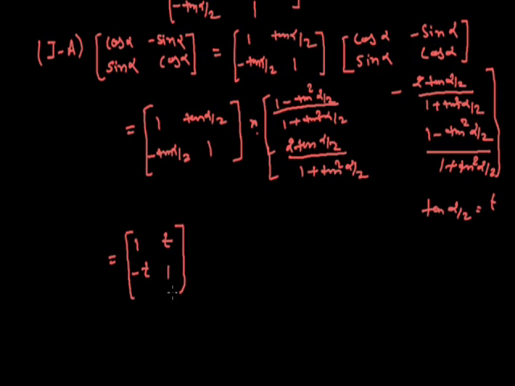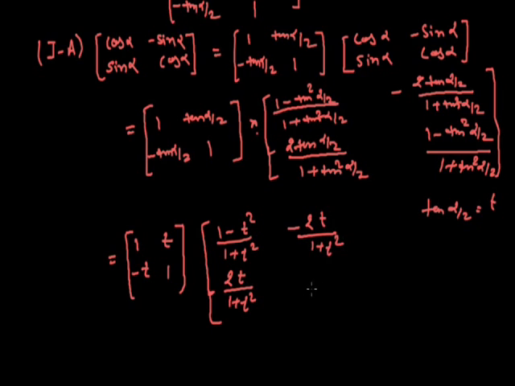Now it is 1 minus t square upon 1 plus t square, 2t upon 1 plus t square, minus 2t upon 1 plus t square, and 1 minus t square upon 1 plus t square.